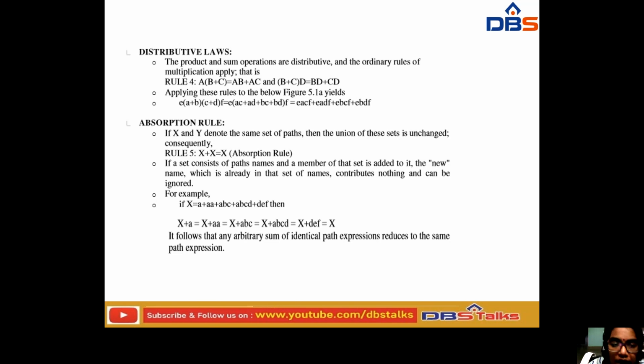For example, if x is equal to a plus abc plus abcd plus def, then x plus a is equal to x, x plus abc is equal to x, x plus abcd is equal to x, and x plus def is equal to x. It follows that any arbitrary sum of identical path expressions reduces to the same path expression.